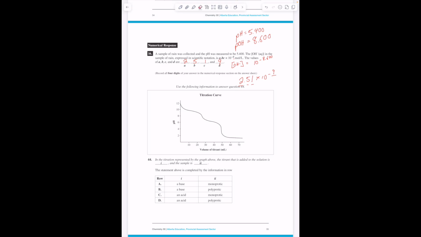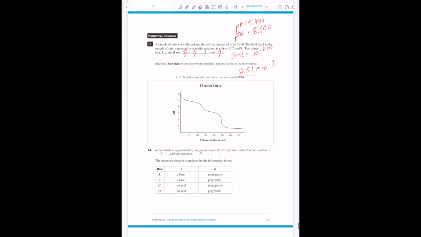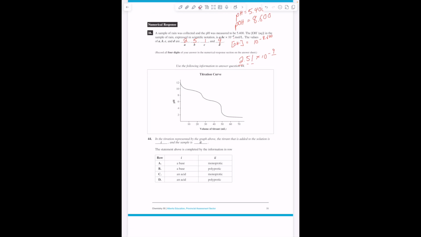Okay. And the last question of this diploma. Titrant added to the solution is, so what's the titrant? And the sample is mono or poly. Okay. Well, I always like to just be careful. Draw my burette. Draw a flask. If I'm starting up here, base is in my flask.